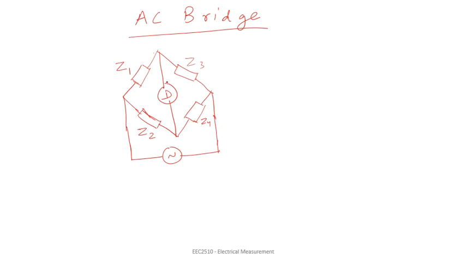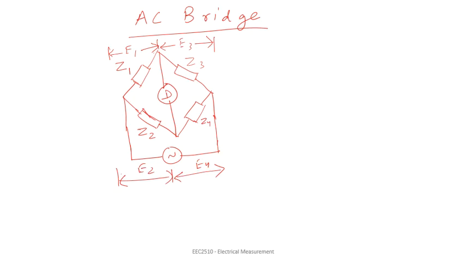Okay, this is a detector which is placed in between the arms. Suppose the voltage across this branch is E1, this is E3, then this is E2 and this is E4.